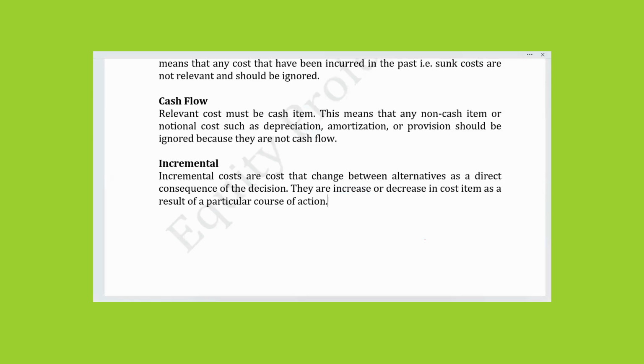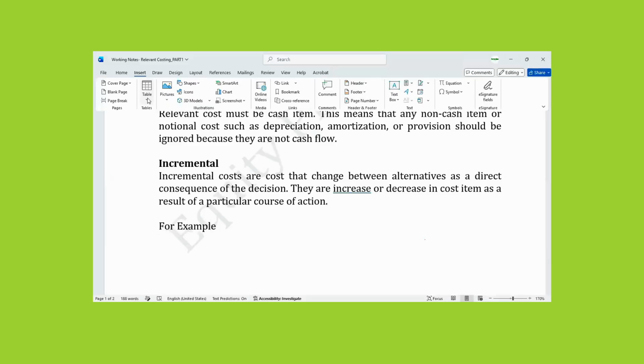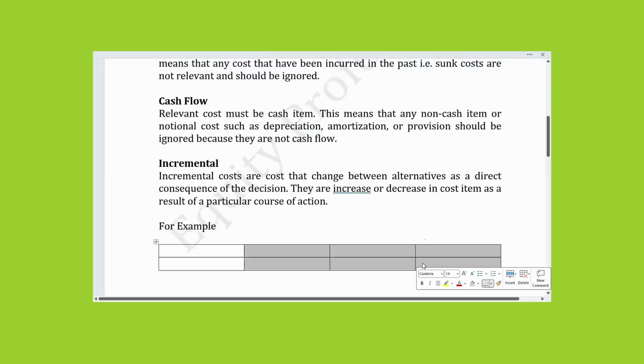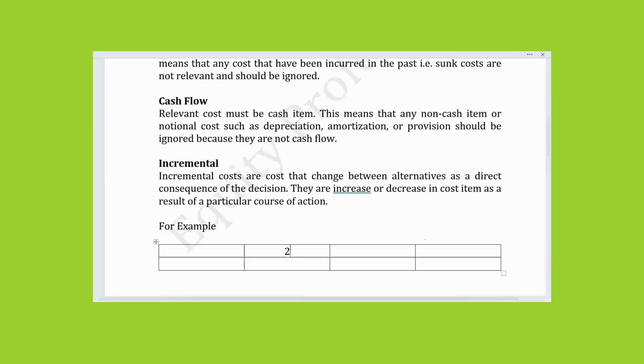So, for example, when you talk about incremental cost, let me draw a table to illustrate this. Let's say we have 2023 and then 2024.